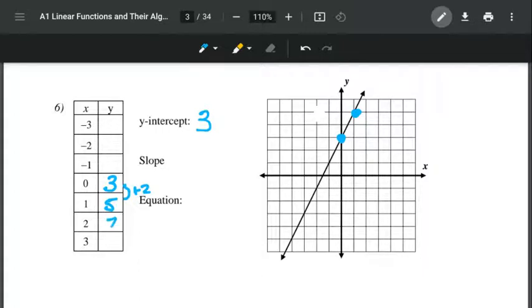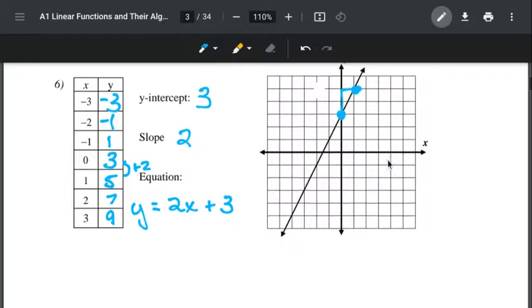So it's easier for me, less work, just to count up and down. But you can find all those points, that's fine. So my y-intercept is 3, my slope is up 2, right 1, and my equation, y equals mx plus b.